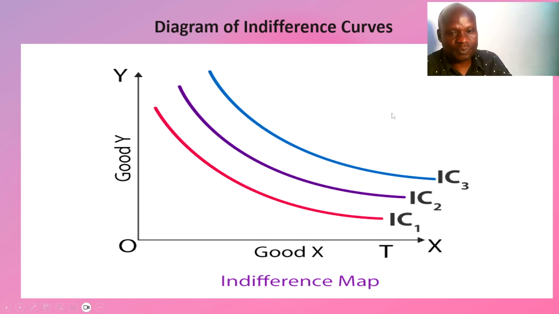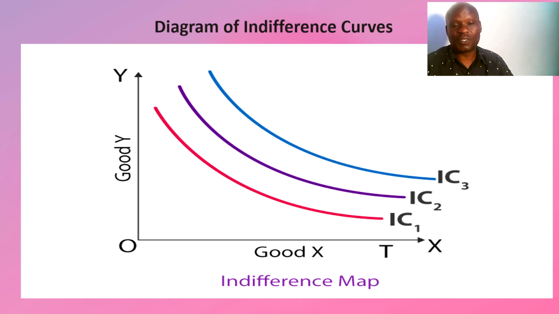Then a higher indifference curve gives a higher return. Definitely, if you take a line, draw a line here, straight up to here, then it gives a combination of X where you got your line, another combination of X, and another combination of X. So you'll be having 3 different combinations of X and Y. In whichever case, if you compare them, you'll still realize that IC3 gives you the best return.